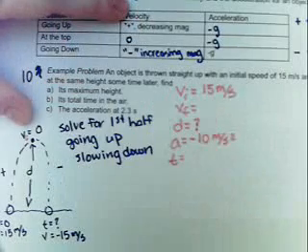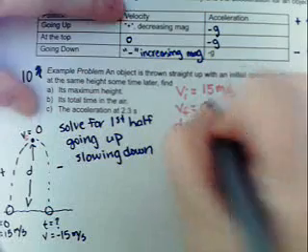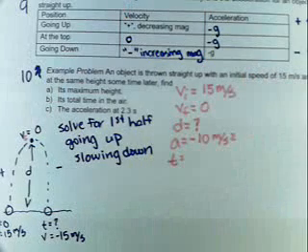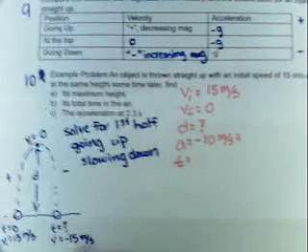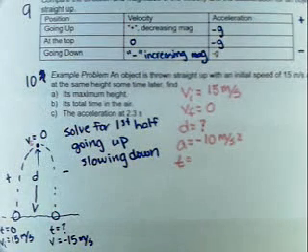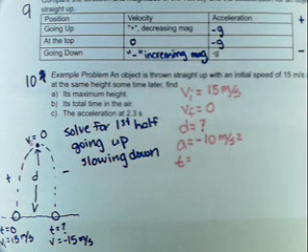Now, you might ask, Ms. Schneider, why don't we just solve for the whole problem? Have VI be 15, VF be negative 15. The answer is because of what we're looking for. Remember that that D means displacement. What would its displacement be if we solved for the whole thing?